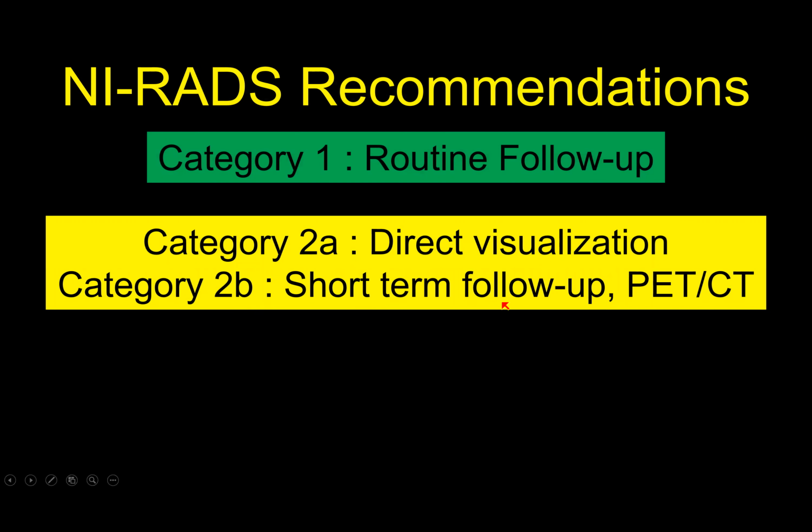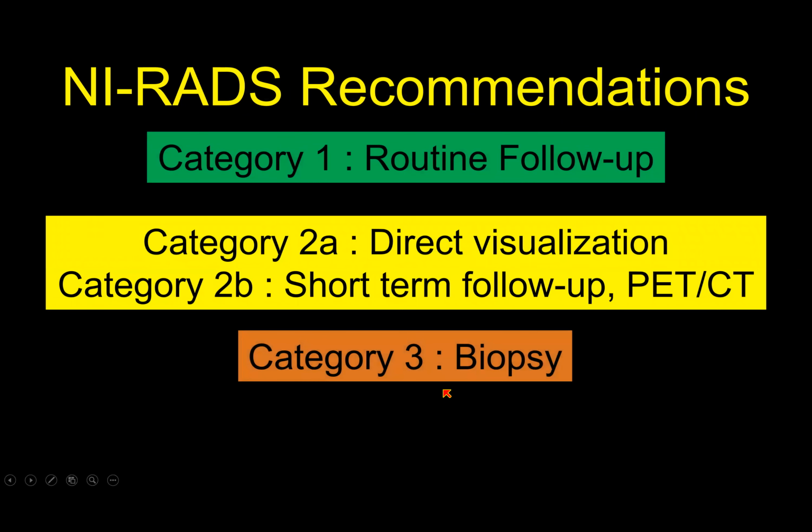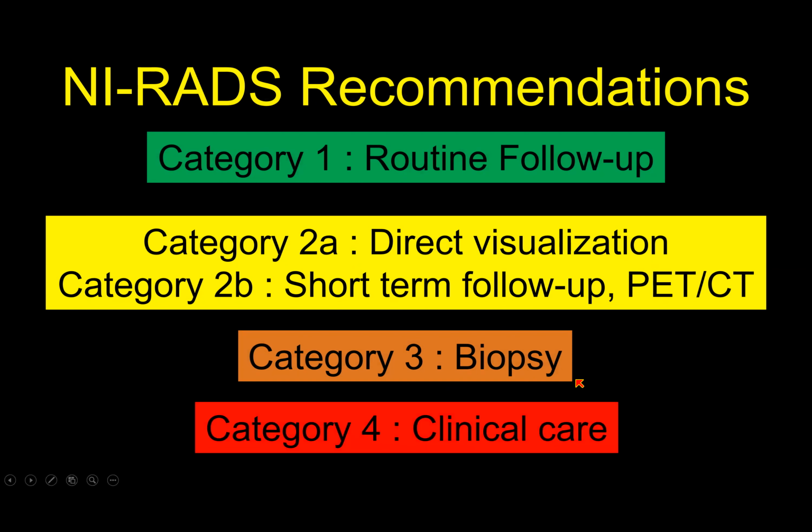Those patients are going to get short-term follow-up and or PET CT if I don't already have one. Now, if I see something I'm more suspicious of, highly suspicious, I'm going to say this guy needs a needle. We need to go biopsy this lesion. And if it's category 4, definite disease, whatever the clinical care is for disease at that location and the size, that's going to be our recommendation.